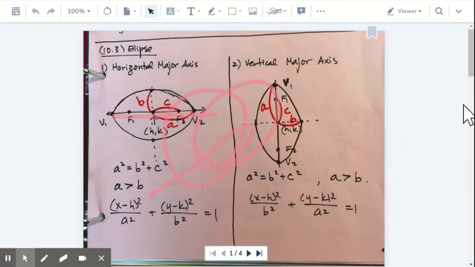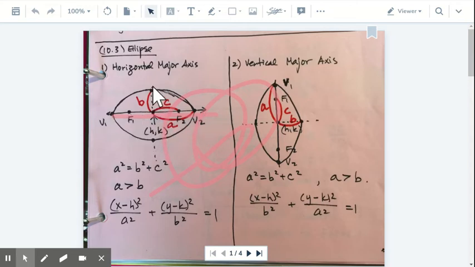Okay. So on the left side is a horizontal major axis ellipse, which is laying kind of flat on the ground, if you will. It's like a football laying on the ground. And the long axis is on the horizontal. This is a major axis. The longer side is horizontal.